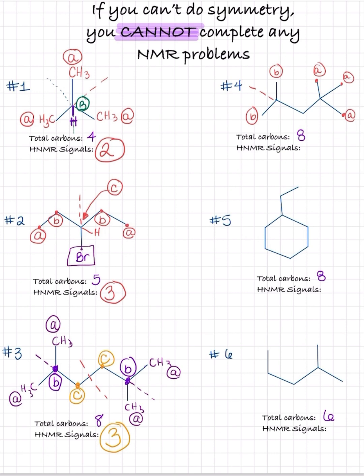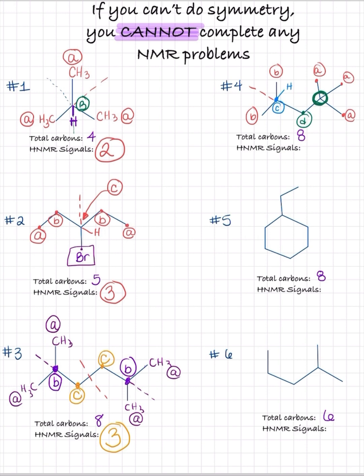Again, this carbon here has a hydrogen on it. Remember, these hydrogens do not... did I just say a carbon or a hydrogen? You know what I mean. So that's a hydrogen there, so that would be C. This one has hydrogens on it, so that would be D. And let's talk about this one. This one right here has no hydrogens on it. So are we going to count that in our letters?